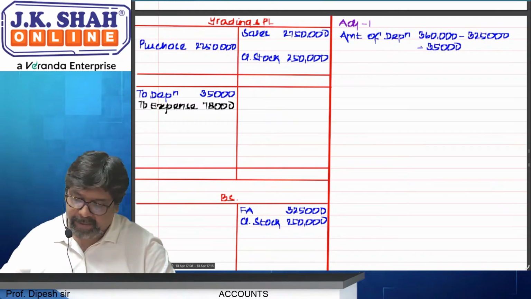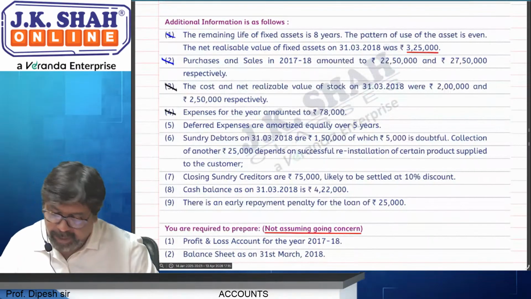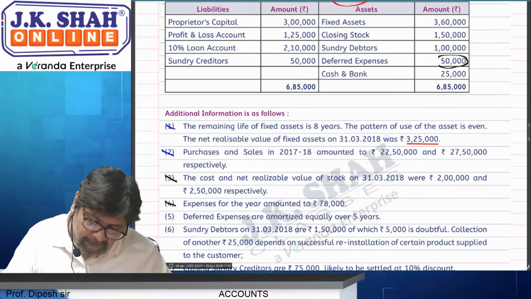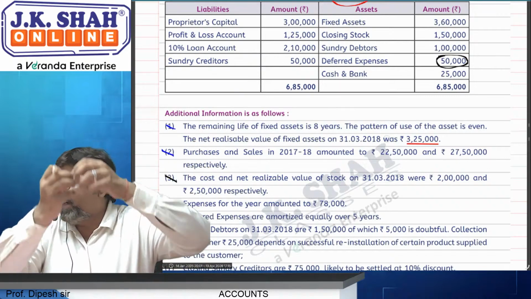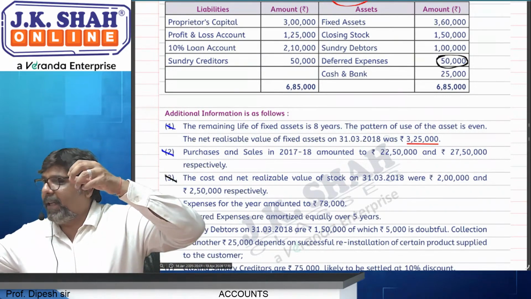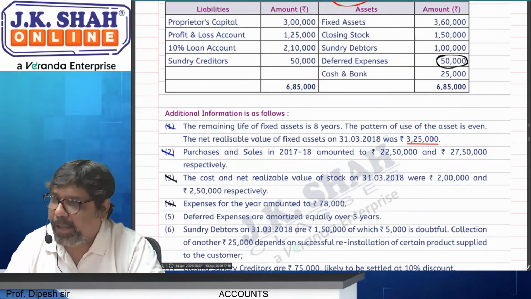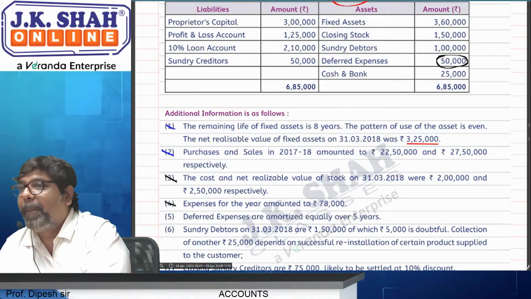After expenses, deferred expenses are amortized equally over a period of 5 years. How much is deferred expenditure? So logically 50,000 is spread over a period of 5 years. So every year 10,000 should come to PL, 40 should go to balance sheet. Yes or no? Will we do that over here? Full. Where? PL.